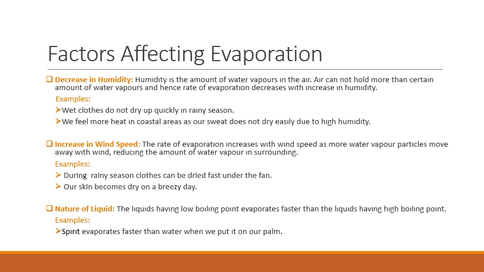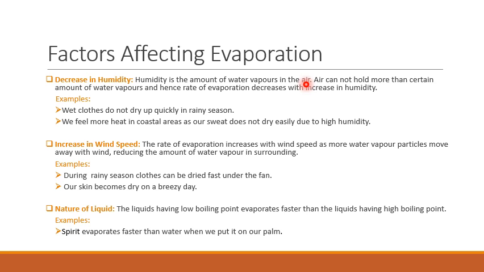Now the next factor is decrease in humidity. Now what is humidity? Humidity is the amount of water vapor present in the air. That means if there are more water vapors in air, then the humidity is more.